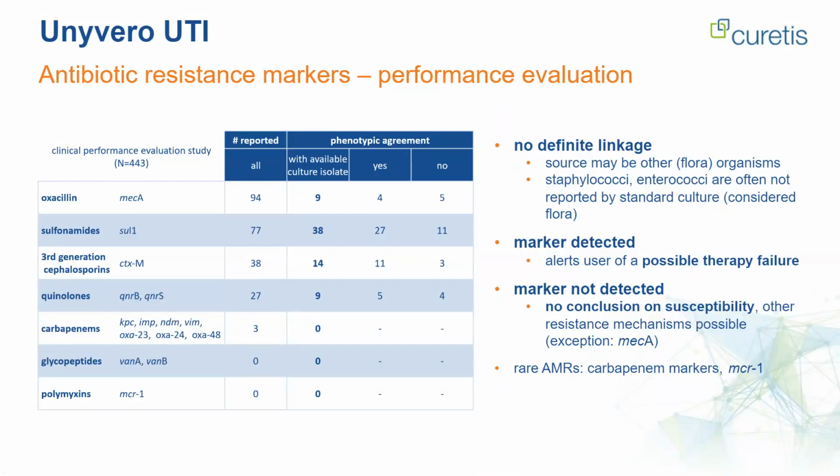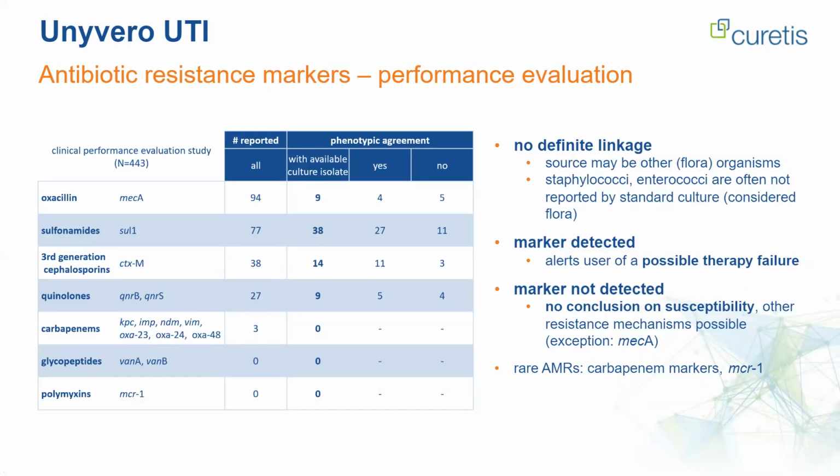The next slide summarizes the detected resistance markers together with reported possible host organisms and their phenotypic agreements. For the resistance markers, it needs to be noted that there is no definite linkage provided or confirmed, so the simultaneous reporting may be coincidental, and such markers may originate also from other sources, from other organisms, or from flora.